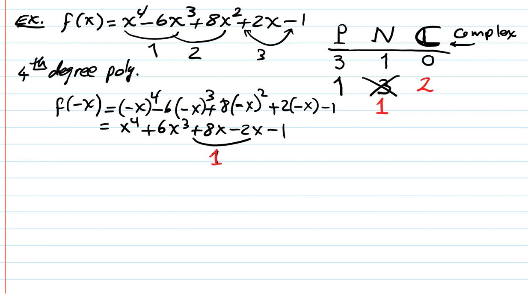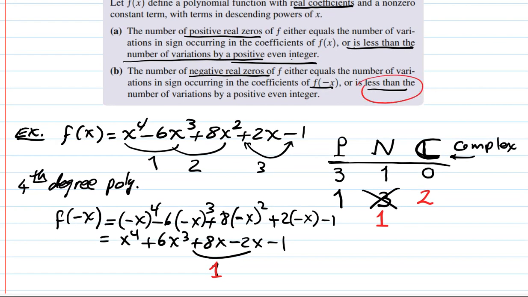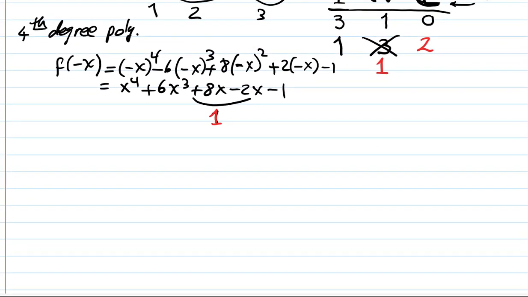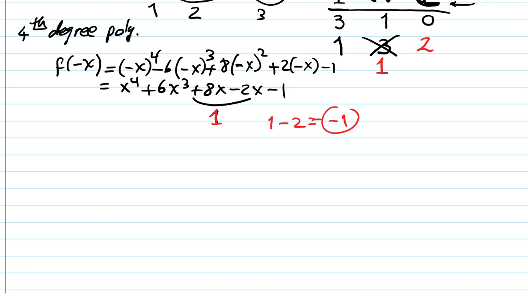Now, the number of negative solutions is the variation in sign of f of negative x, which is 1, or less than that by a positive integer. Well, 1 minus 2 is negative 1, which doesn't make sense. I cannot have a negative number of solutions.